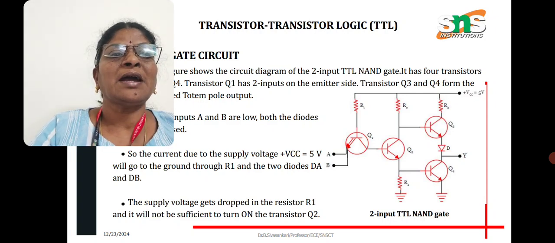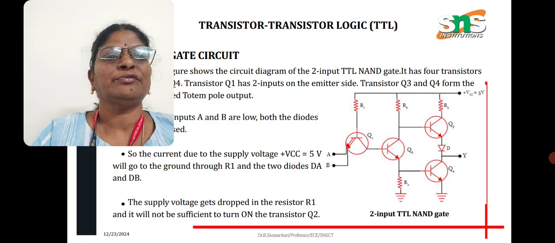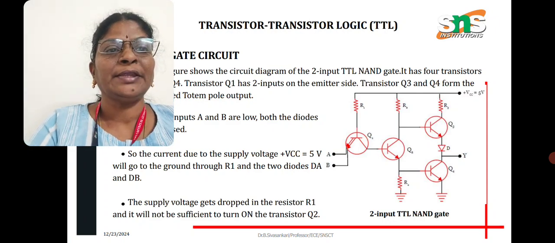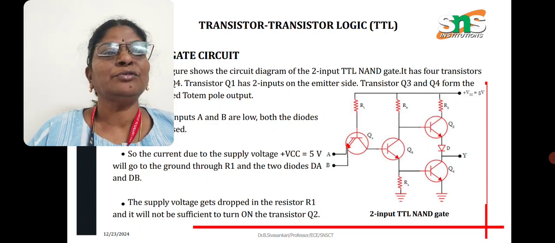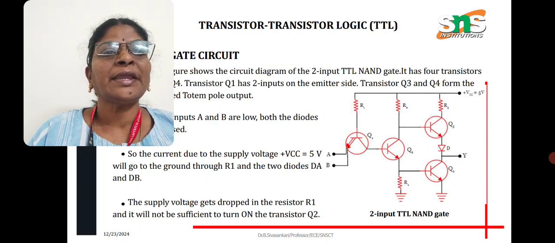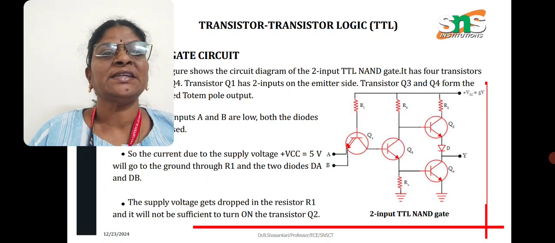Transistor Q1 has 2 inputs on the emitter side, and transistors Q3 and Q4 form a totem pole output, that is your Y output. The inputs A and B are low when both the diodes are biased. So this is a 2 input TTL NAND gate.